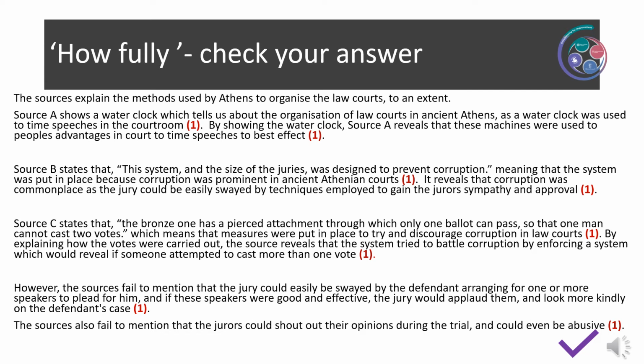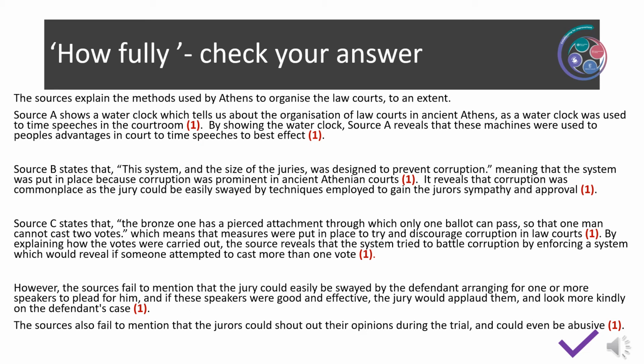Source C states, quote, "The bronze one has a pierced attachment through which only one ballot can pass, so that one man cannot cast two votes," which means that measures were put in place to try and discourage corruption in law courts.